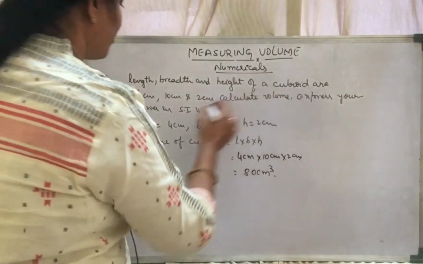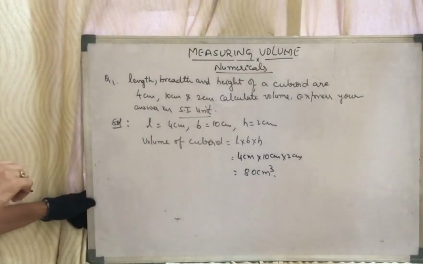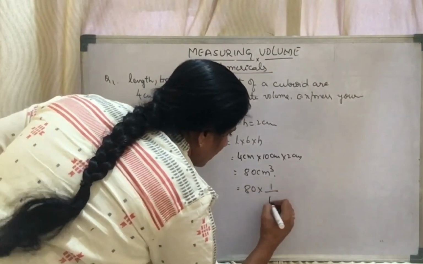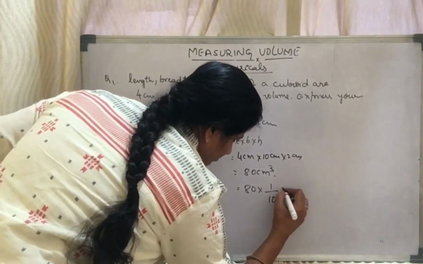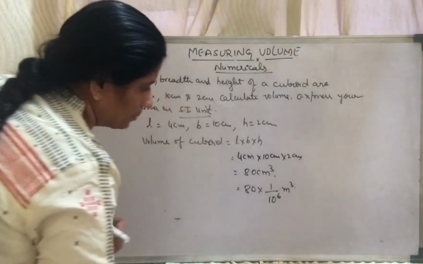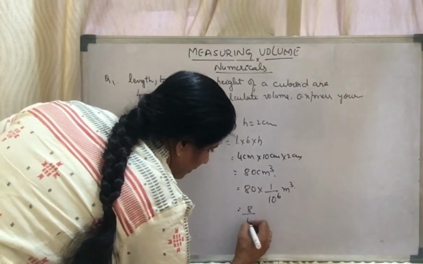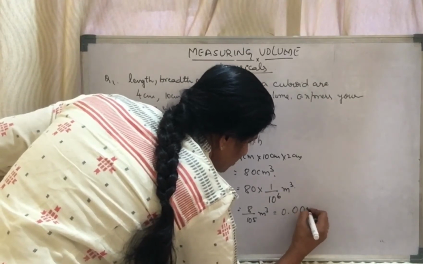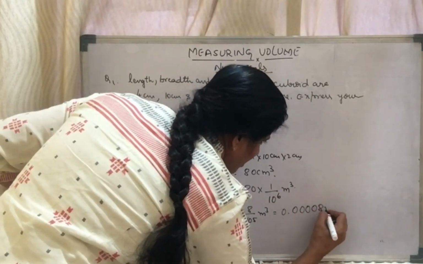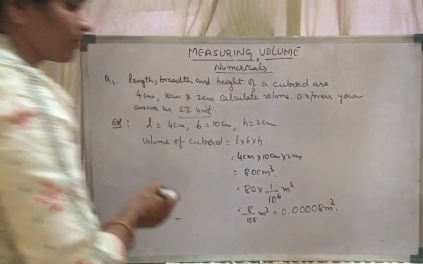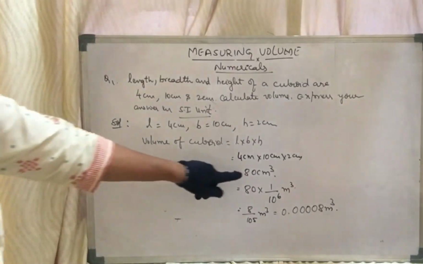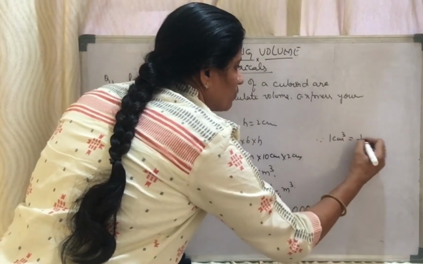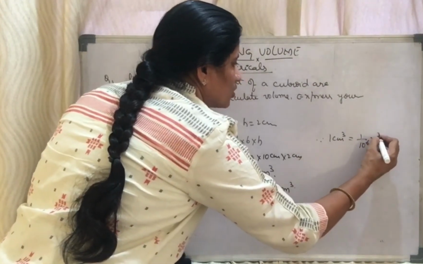Now you have to convert the answer into SI unit, which means meter cube. 80 multiplied by 1 by 10 power 6 meter cube, which is 8 by 10 power 5 meter cube, which is equal to 0.00008 meter cube. Because 1 centimeter cube is equal to 1 by 10 power 6 meter cube. This is the relation.